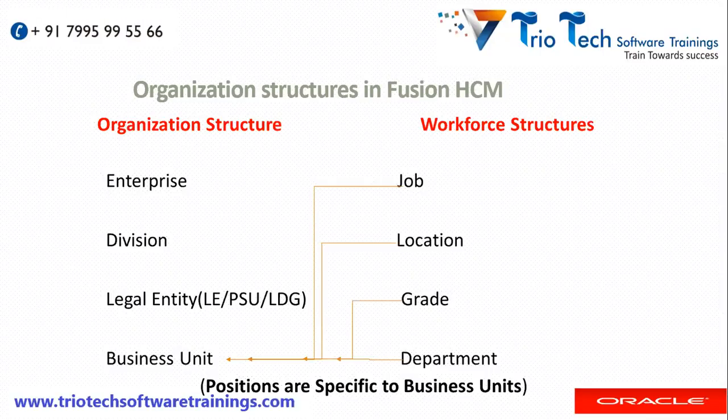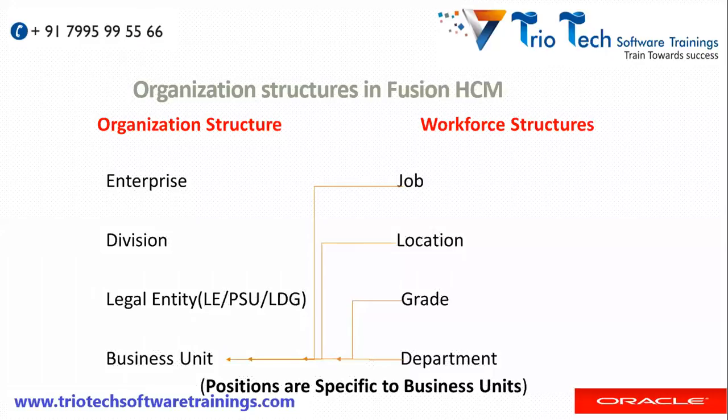Nothing but Reliance is into manufacturing, Reliance is into IT, let's assume, Reliance is into some network services, let's assume. These are the three different industries they are into. So we can have the divisions depending upon these industry specific also, like Reliance IT division, Reliance manufacturing division, and then Reliance networking division.